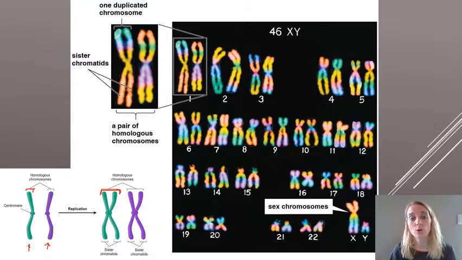We just now call it a replicated chromosome, because if you remember, we have our centromere in the middle, and these are our sister chromatids. They're just the replicated pieces of the DNA. It's not 2 chromosomes. We don't have 2 green chromosomes there. We have one green chromosome and one purple chromosome. We have 2 replicated chromosomes, and because they carry the same genetic information, we call them homologous chromosomes.